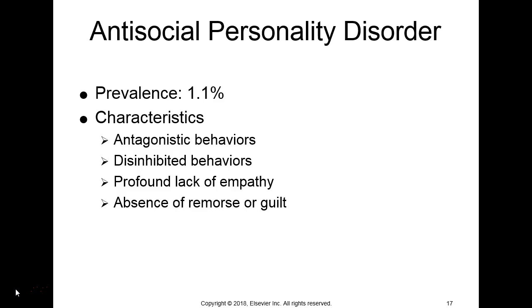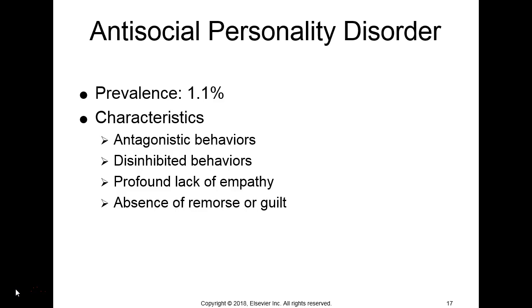This is the type of person that is absolutely going to be abusing other people, scamming, getting people into all kinds of difficulties and trying to use them, and they have absolutely no remorse for their behavior. So this is probably one of the most serious personality disorders to have.